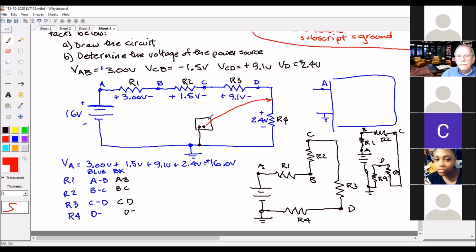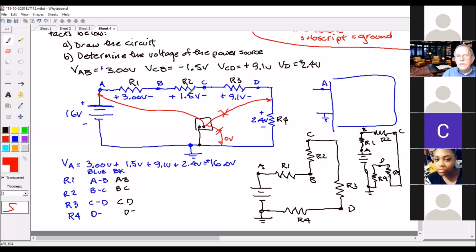If I took my red lead and connected it to here, I would read 0 volts because I'm along the ground line. If I took my red lead and connected it to here, between this point and ground, I would read 16 volts.